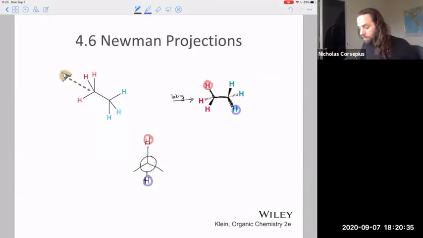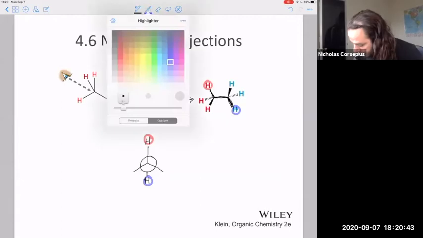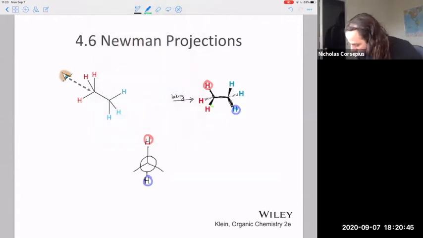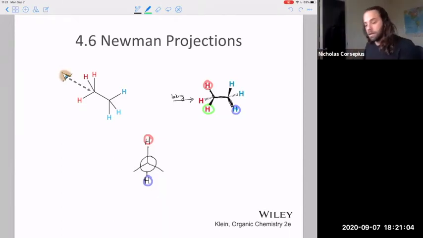Now I'm going to worry about my wedges and dashes. And remember, wedge pointing at you, dash into the board. So where is this hydrogen going to go? Is it over here or over here? That's the question. It's on the front carbon, so it's got to be on one of these 2 bonds, but on which side? If you have a model kit, this is great. But what you do is pick up your page, and remember, you're looking at it this way.